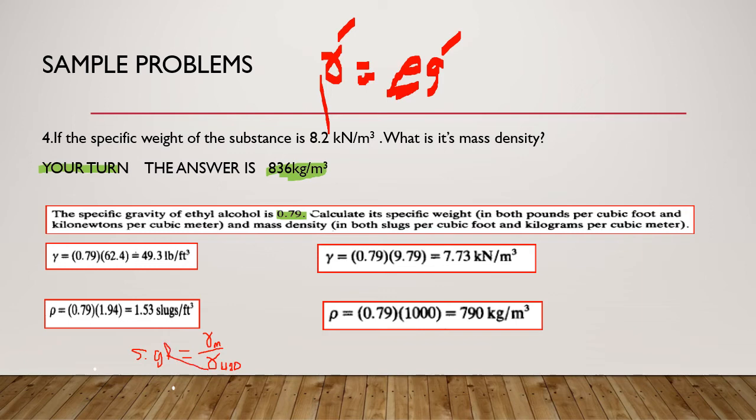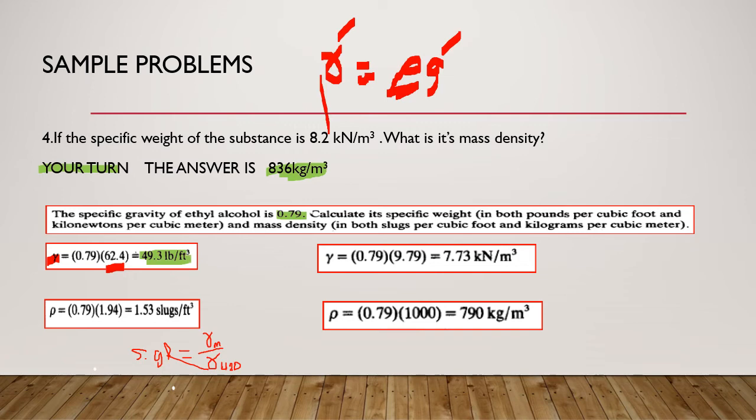So, therefore, ito na mangyayari sa ating equation. Gamma of the material is equal to 0.79 times 62.4. This one is in pounds per cubic feet. Yan yung constant ng tubig. Therefore, we have 49.3 pounds per cubic feet.